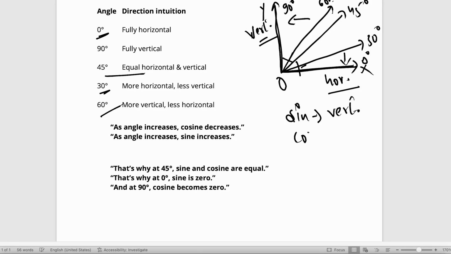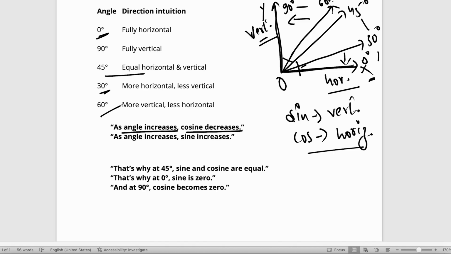As we can see, as the value of the angle is increasing from 0 degree towards 90 degree, this was 0 degree angle, and here we draw an angle of 90 degree, the value of cosine is decreasing. Why? Because cosine is about the horizontal component.